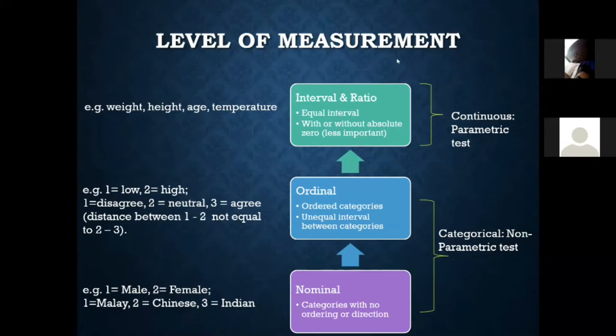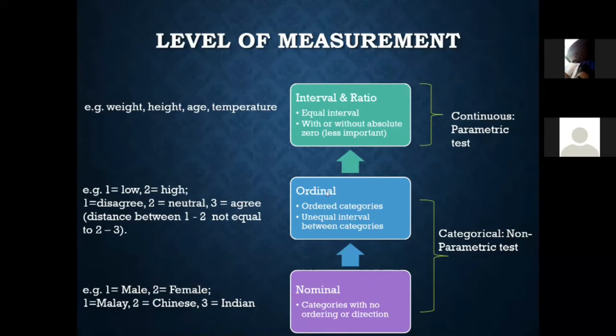According to Stevens taxonomy, we actually have 4 levels: nominal, ordinal, interval, and ratio. Nominal is the category with no ordering or direction. Say, for instance, male, female, or ethnicity: Malay, Chinese, Indian. So this one is nominal.